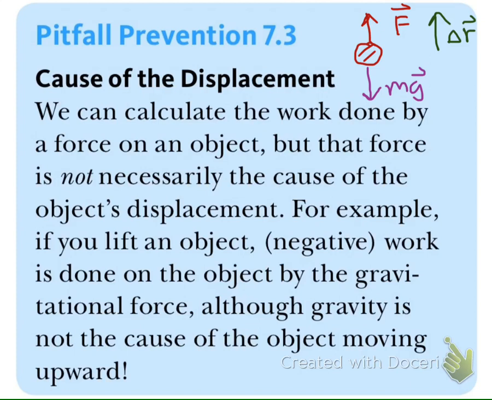And you can see that the work done by the gravitational force in this case, Wg, is negative. Why? Because the angle between the displacement and the gravitational force is equal to pi, or 180 degrees, and cos of pi is equal to -1.